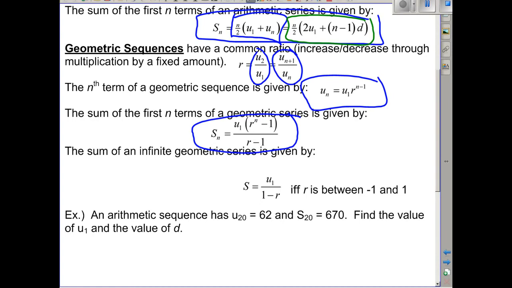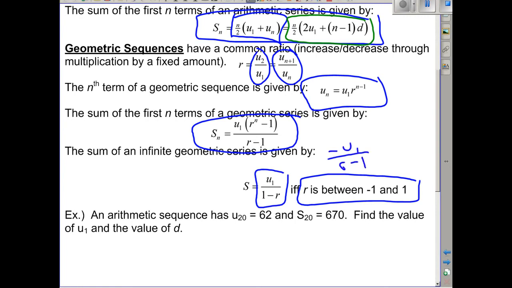And that happens if your common ratio is between -1 and 1. And that sum is given by u1 over 1 minus r. Okay, you could also call it negative u1 over r minus 1. That would also work out. And there is also another formula that you could use for the Sn, which is in your formula booklet.